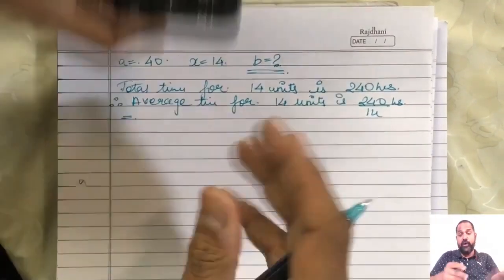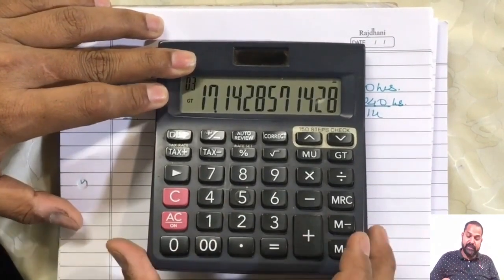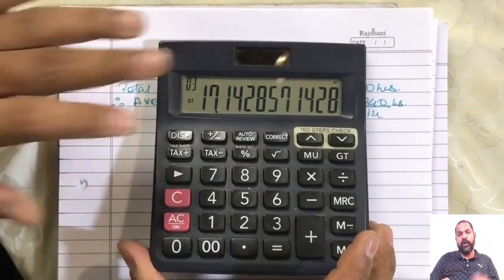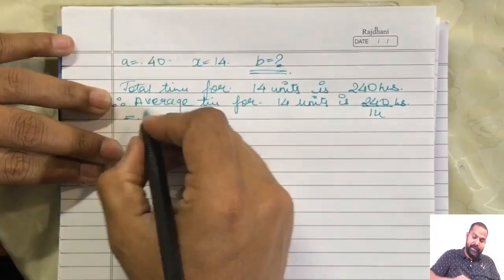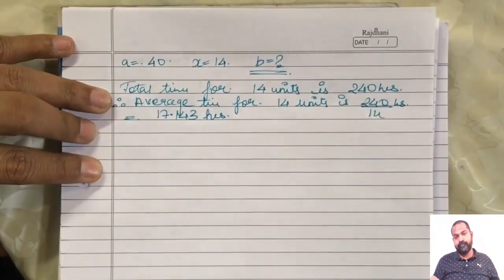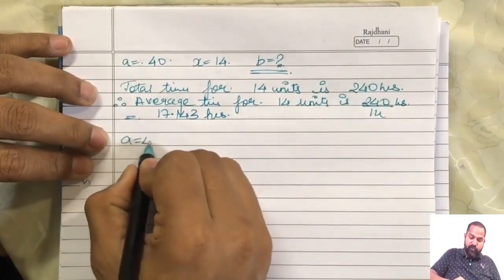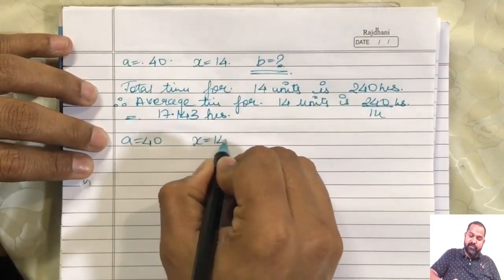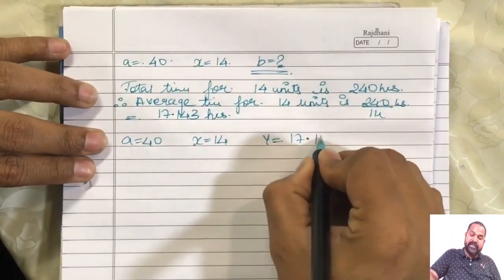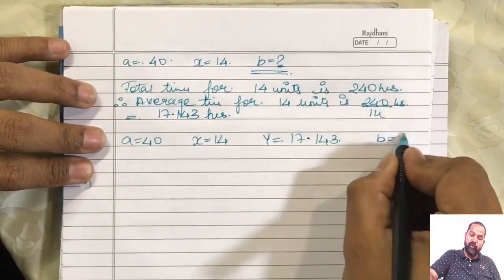What is 240 by 14? 240 divided by 14 is 17.1428, or I can say it is 17.143 hours. So what do I have? I know that A is 40, I know that X is 14, I know that Y, which is the average time, is 17.143. I have to find the value of B.